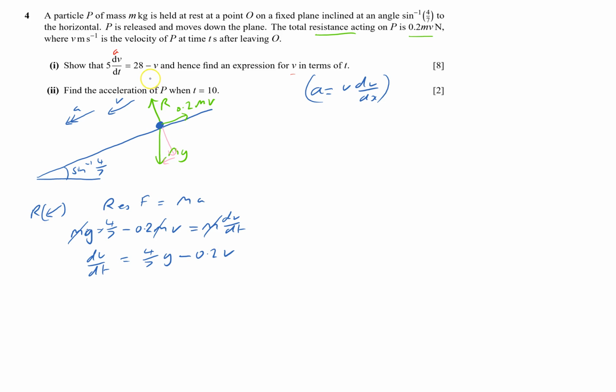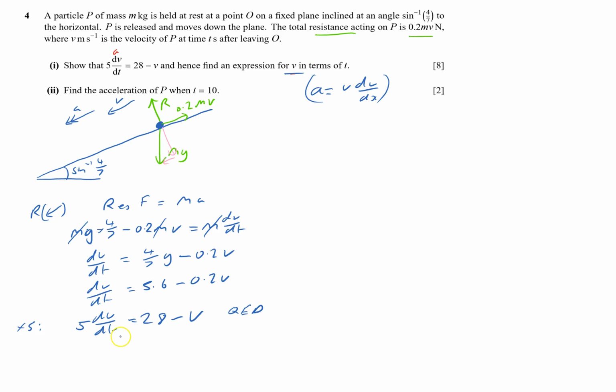That's close to what we've got here, but that's 5.6, so dv by dt equals 5.6 minus 0.2 v. It says minus v, so I'm going to have to times that through by 5, and that'll give me 5 dv by dt equals 28 minus v, and that's what's wanted. So quod erat demonstrandum.